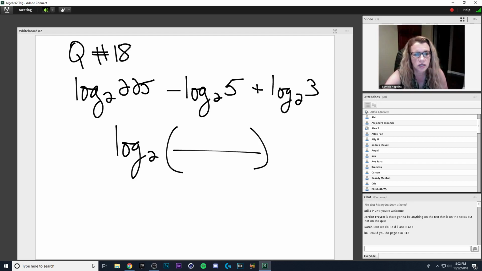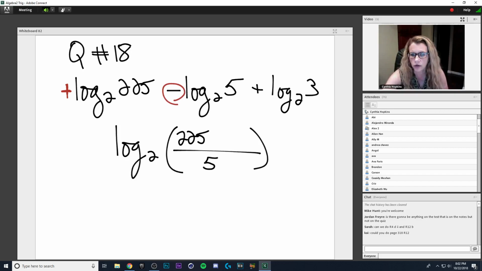So the first log, I'm going to write this in red, doesn't have a plus sign implied in front of it. That means your 225 goes in the numerator. Then I look at my second term, and isn't my coefficient negative? That means my 5 goes in the denominator.